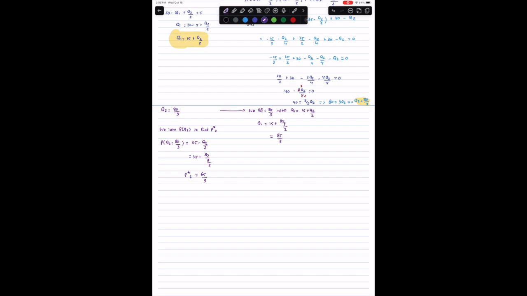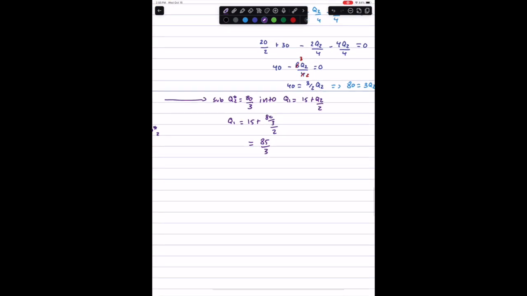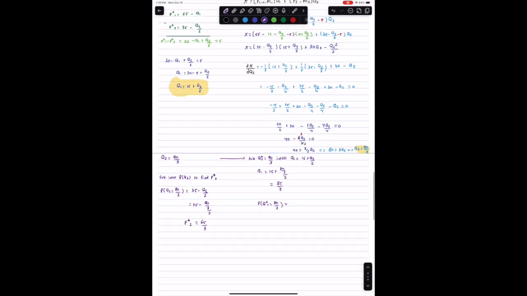And I'm just making sure that I have this right. 85 over 3. And we know that P of Q star 1 equals 85 over 3 is equal to 55 minus 85 over 3, which is simply equal to 80 over 3.